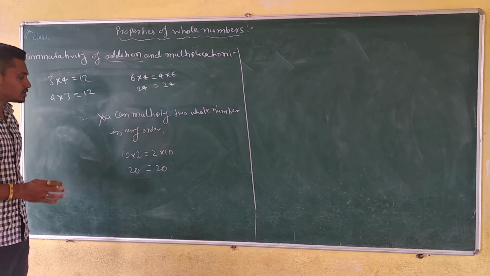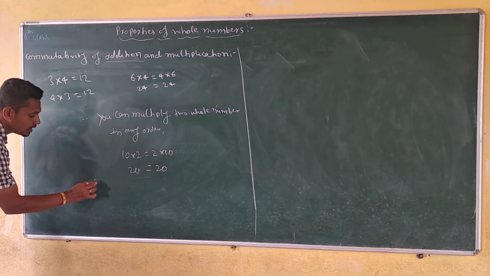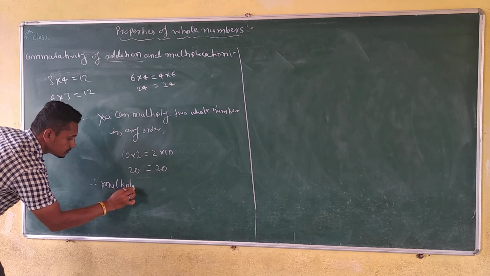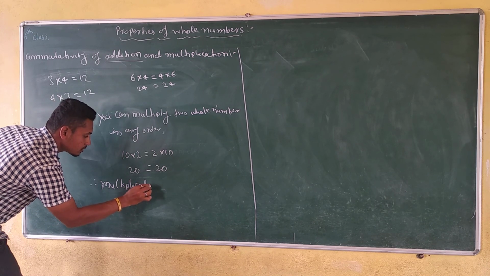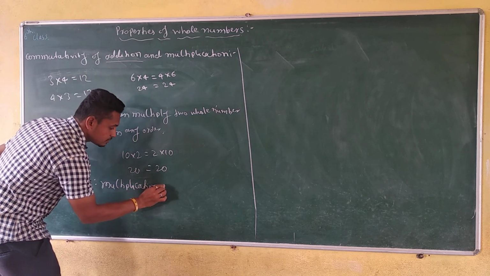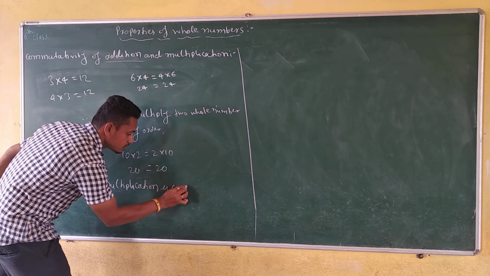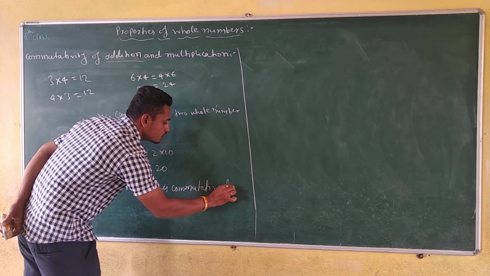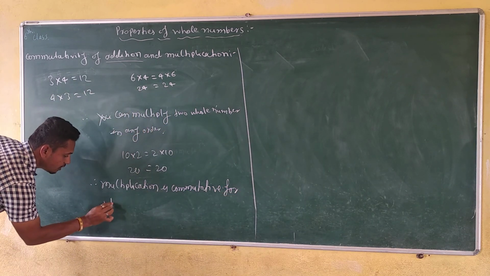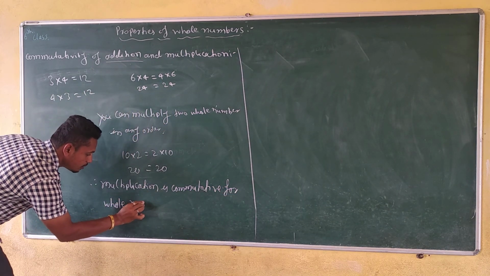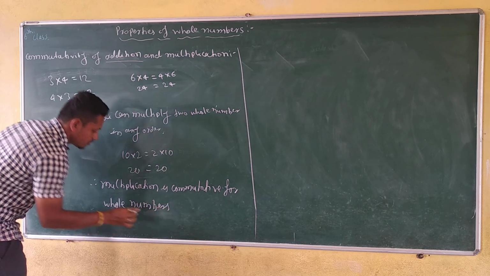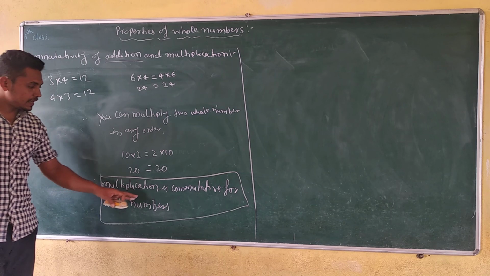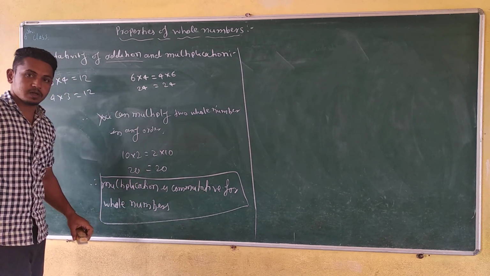So it concludes that multiplication is commutative for whole numbers. This is an important statement, you have to note it down: multiplication is commutative for whole numbers.